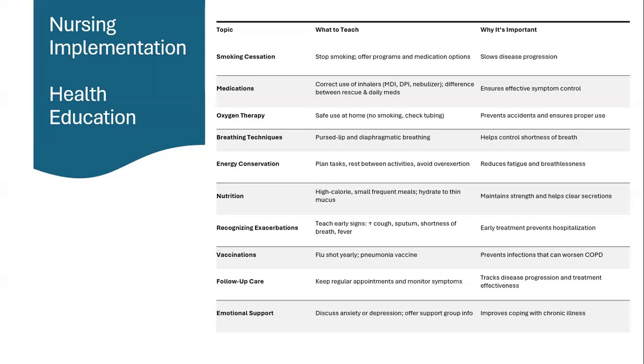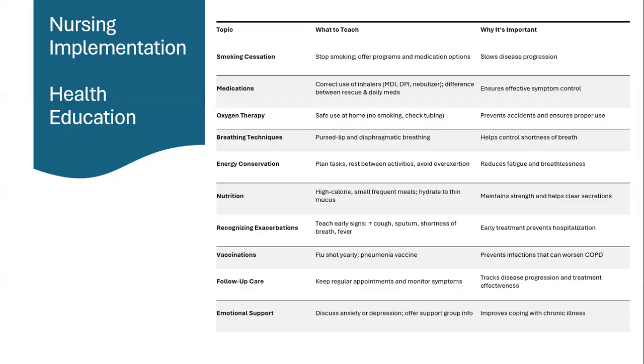Let me explain to you one topic that really matters for the patient, which is the first one about smoking cessation. What to teach: we need to teach the patient to stop smoking immediately, and also offer some programs and medication options to support their decisions.